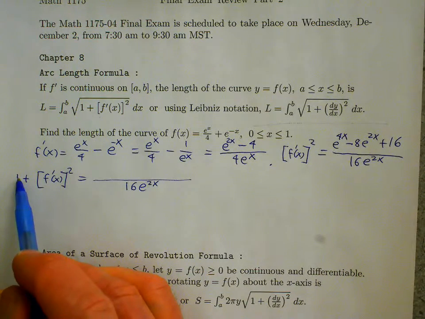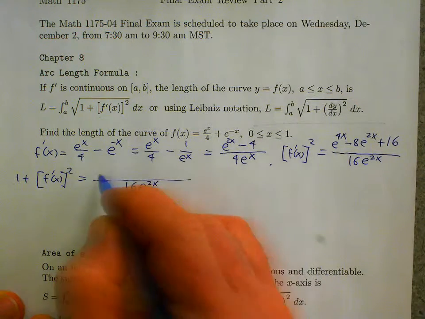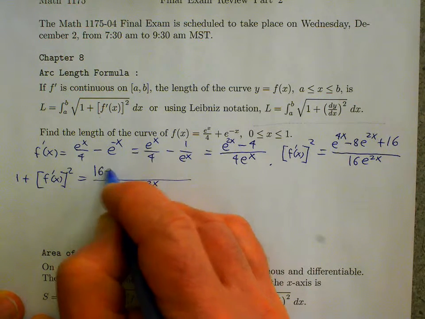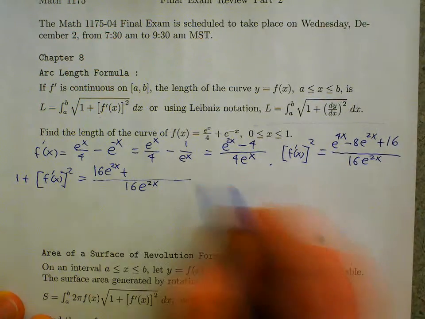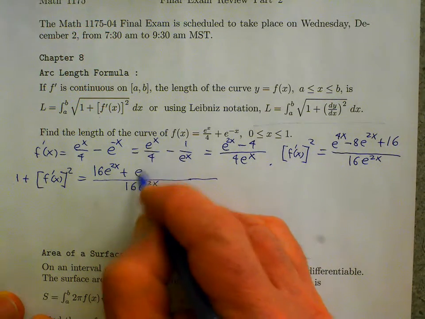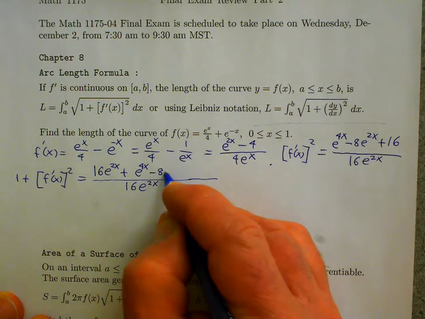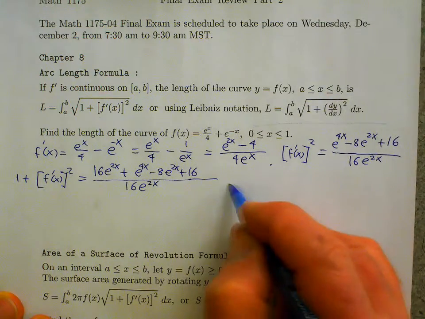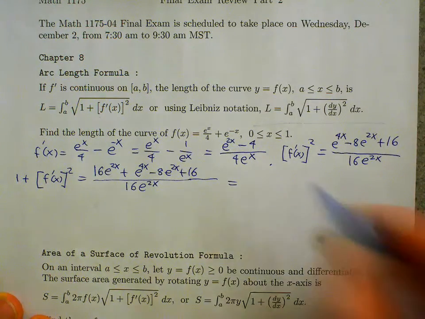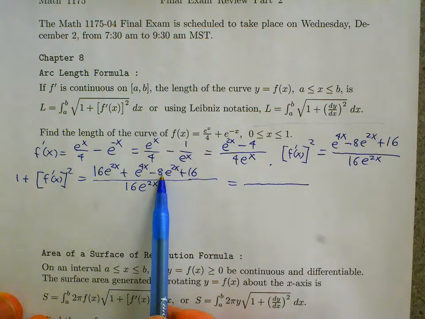So I'm going to multiply 1 by 16 e to the 2x, and we'll add it to this part, which is e to the 4x minus 8 e to the 2x plus 16. And then we have like terms that we can combine.